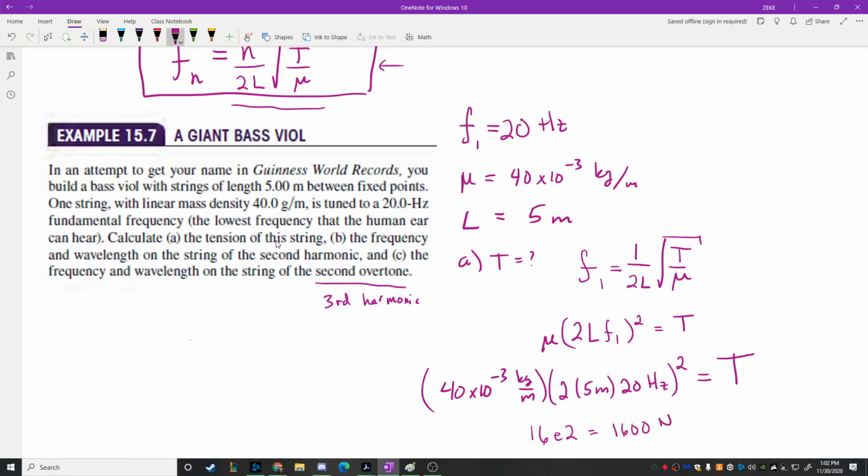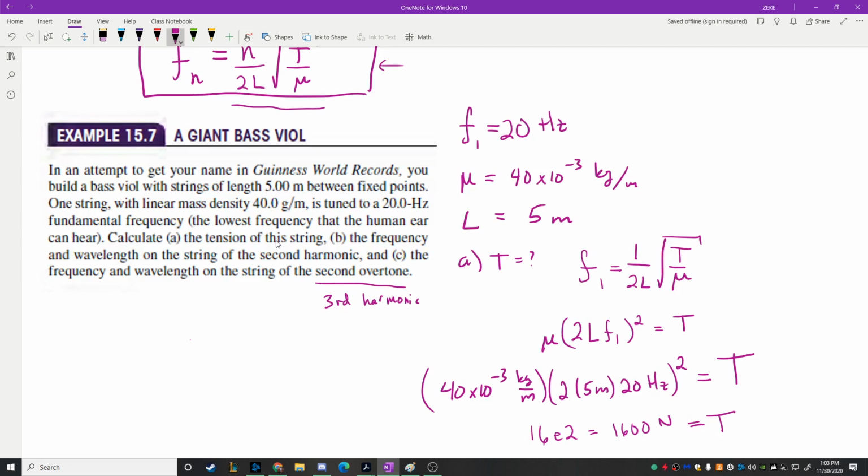$1,600. Did I do that right? I probably made a mistake. Can you all calculate that real quick? Oh, 320.